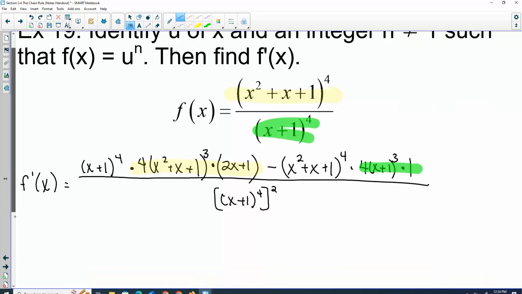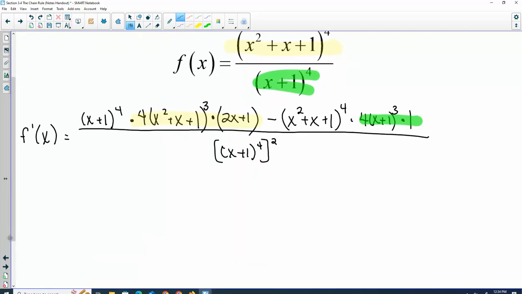As far as simplifying, let's see what we can do. I would at least want you to pull that 4 to the front. You could multiply it with the 2x plus 1, but you don't have to. In this one, we have a 4 times 1, so that's a 4.